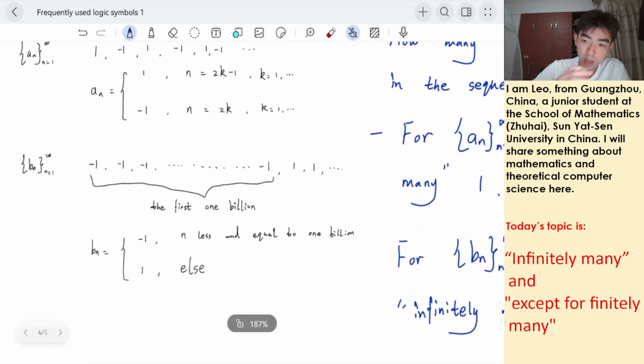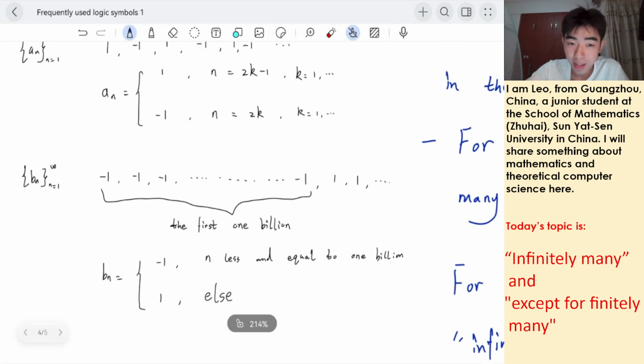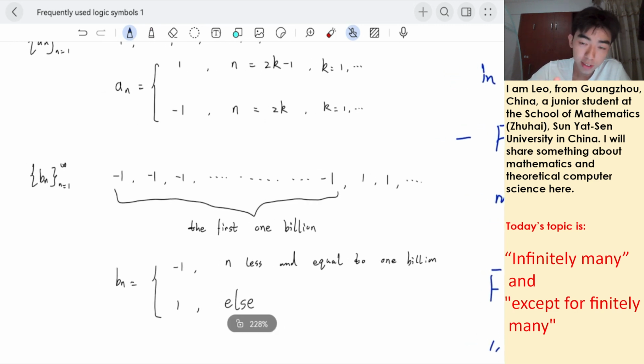Because when n goes to infinity, all bn equal 1. And although there are also many minus 1s in this sequence, they are finite. No matter whether it is a million, a billion, or something like this, it is finite.